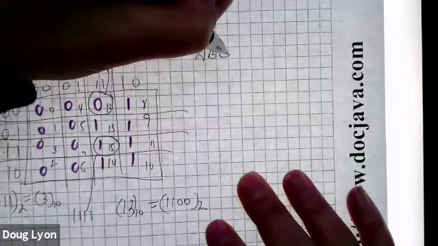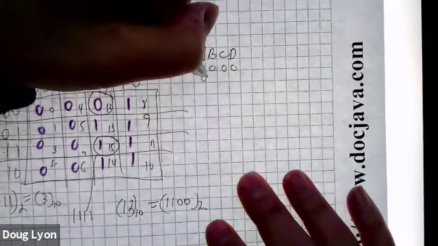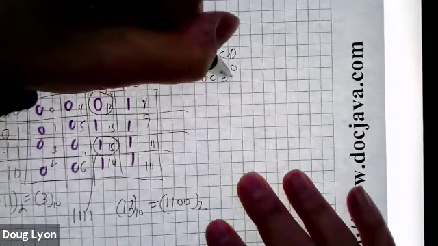Yeah, so if I were to do it this way, number my truth table.